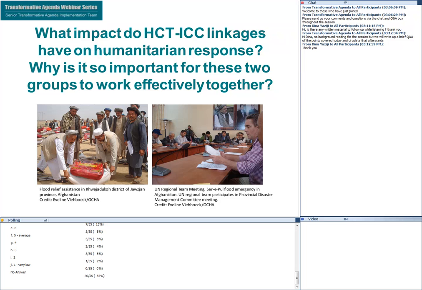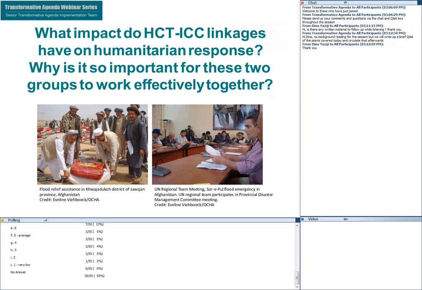And again, I strongly believe that the intercluster group is the operational arm of the HCT. So in theory, a number of strategic decisions and action points that are taken at the HCT level should basically be followed by action and discussion at the intercluster group. And very often we realize that this line is broken.